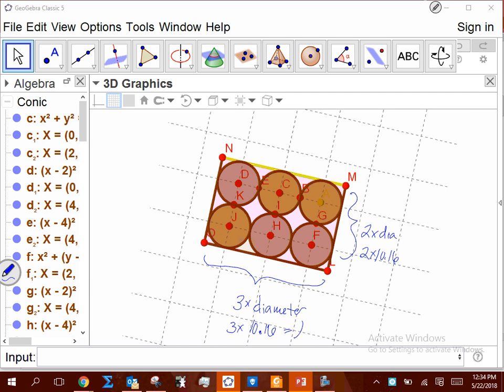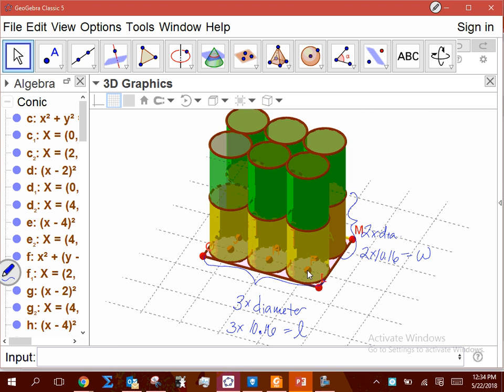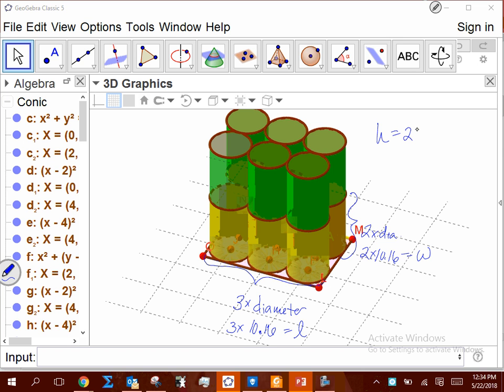So there's your L. Maybe that's W. Now we've got to look at it from this view, and we've got to find this H. Well, how many cans is that? 2 cans, right? So that third dimension, your H, is going to be 2 times the altitude of your can, which ends up being 2 times 8.89.